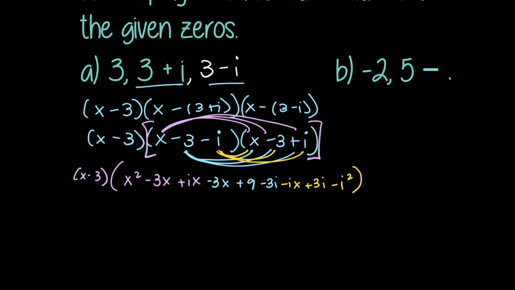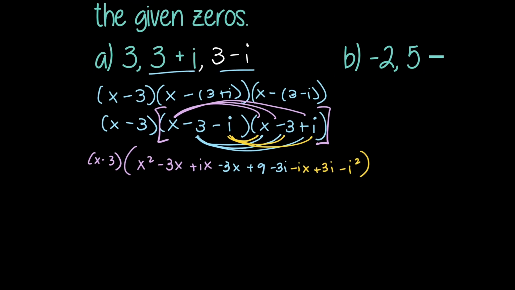Now what should happen in this step is all of the terms with i's on them should cancel out. And then anything that's got an i squared, you're going to replace. So the x minus 3 is still here. Positive ix and negative ix cancel out. Negative 3i and positive 3i cancel out. And minus i squared would become minus a negative 1, which becomes plus 1.